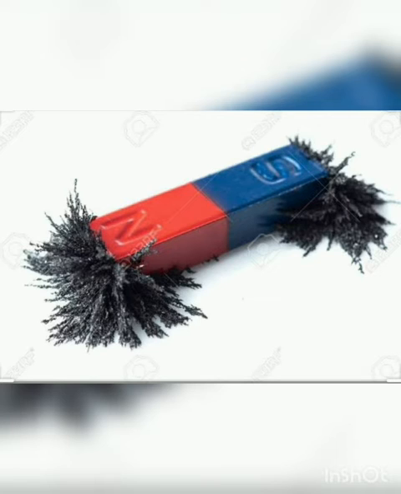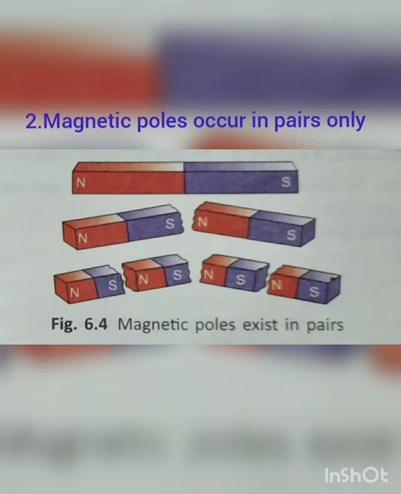Next, we are moving to the next property. The second property of a magnet is that magnetic poles occur in pairs only. A magnet has both north and south poles, and these poles cannot be separated by any means.